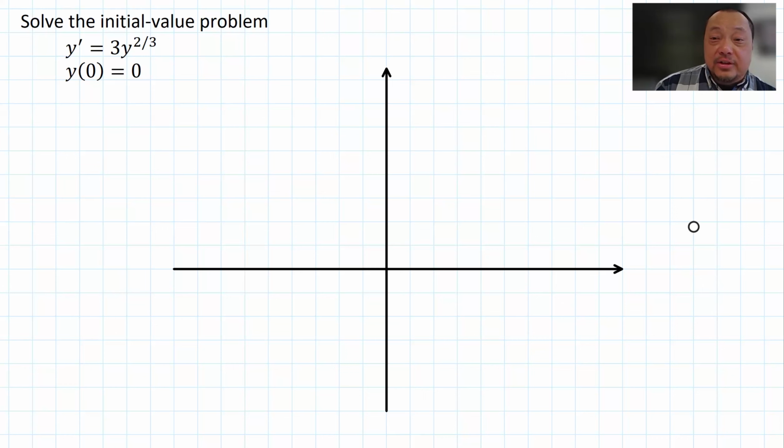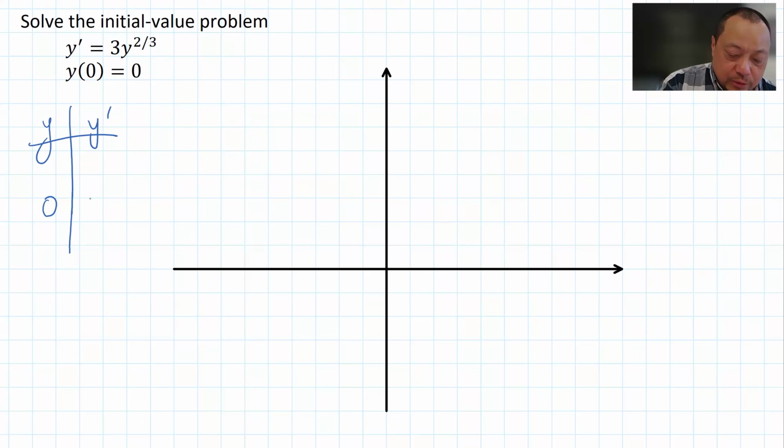Well, in this case, the slope only changes with y. So we only need to figure out the slope for one value of y and then have it be the same for all x values. So let's do something easy first. When y is equal to 0, then y prime is equal to 0. So on the x-axis, the slope is horizontal.